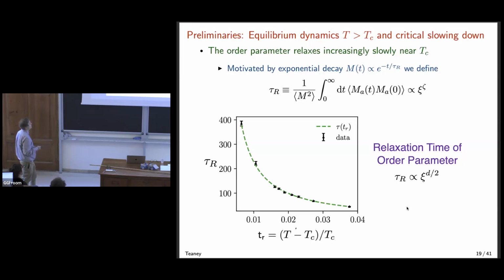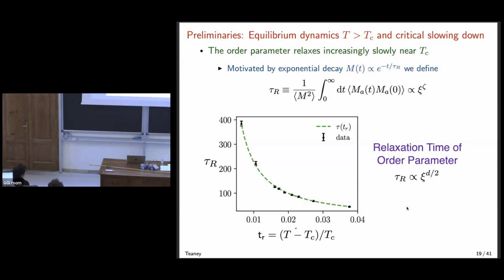The expectation is that this relaxation time will scale like the correlation length to the power zeta, where zeta is the dynamical critical exponent, known to be d over 2 for the O4 model. We plotted and fitted this, and you can see a d over 2 scaling exponent for the relaxation rate of the order parameter.